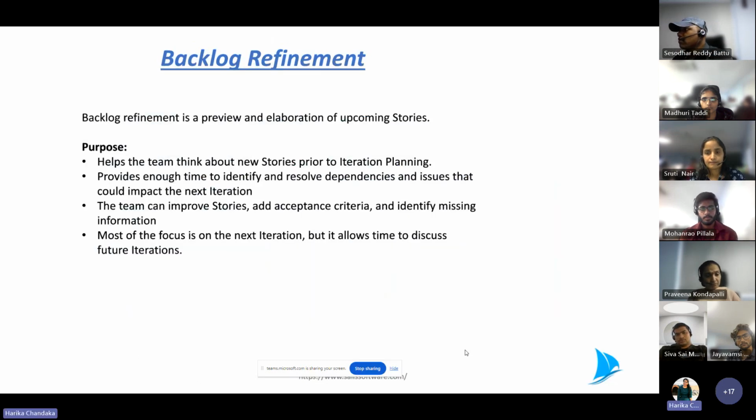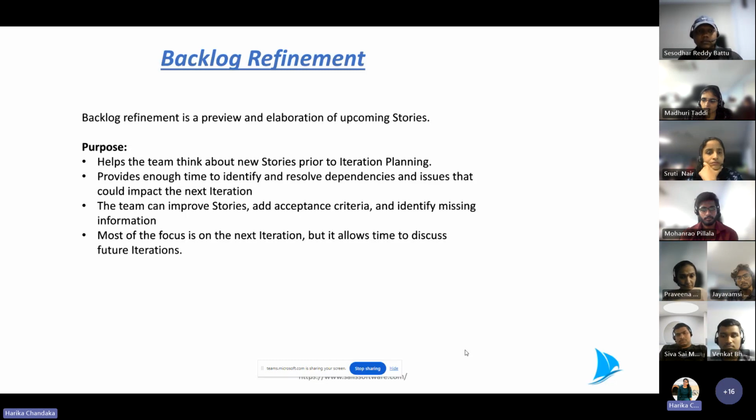Okay, the next slide we have is backlog refinement. This is a preview and elaboration of upcoming stories. It will be held in the middle of the sprint. The duration is from 1 hour to 2 hours, based on the team's velocity.